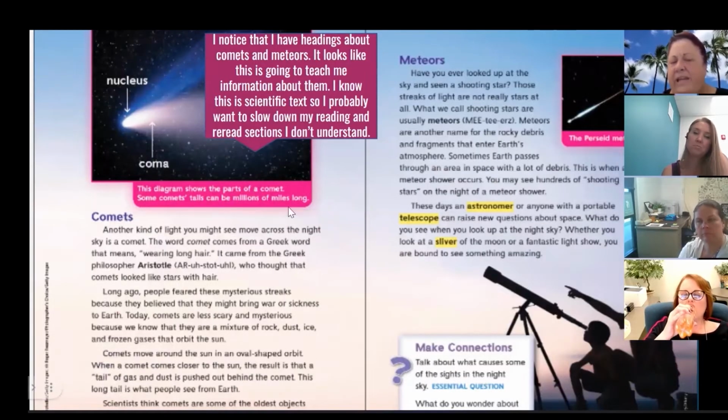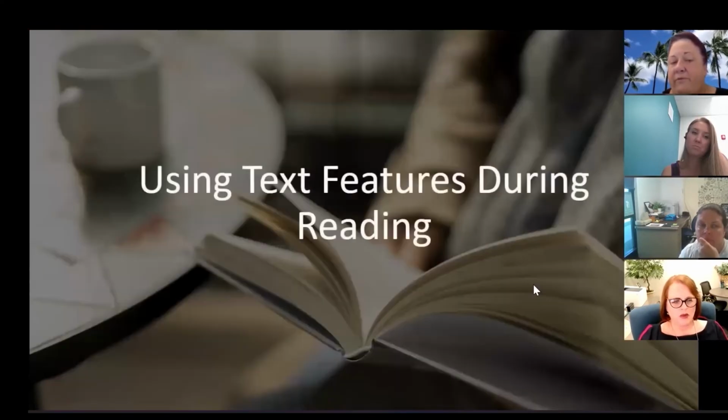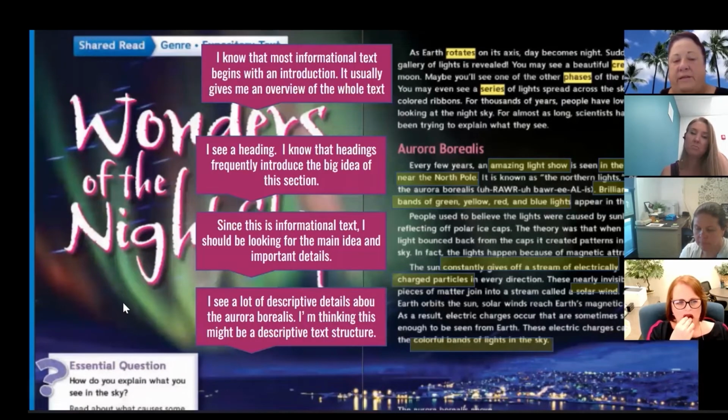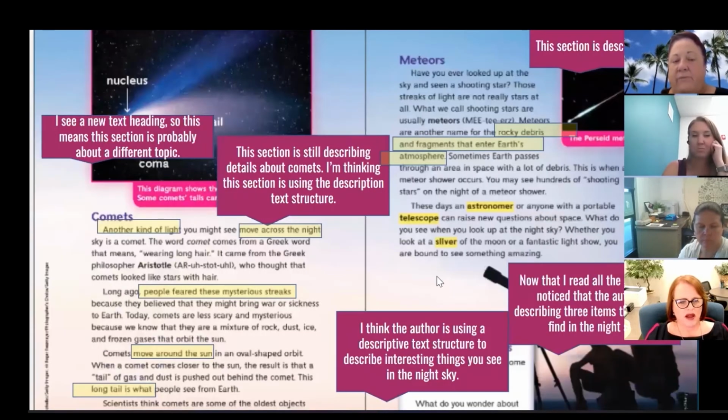So as I'm reading, I'm noticing there's a lot of information and a lot of description. So that helps me think about what I should read for. So I just put in some notes of how I might approach text structure as I'm reading those.